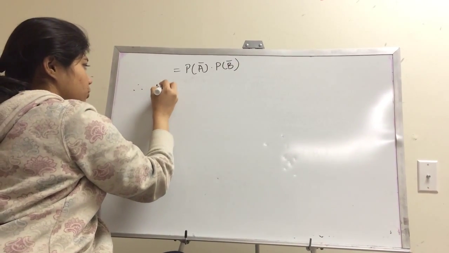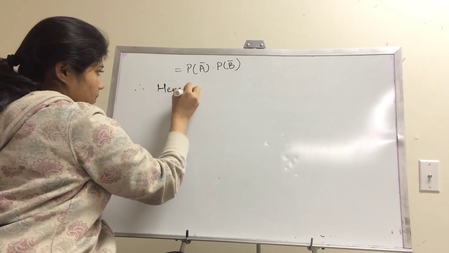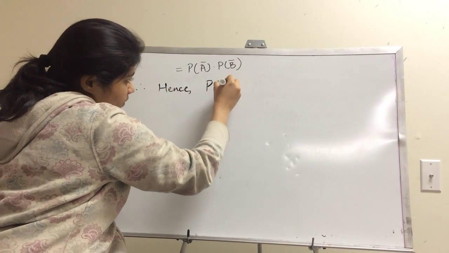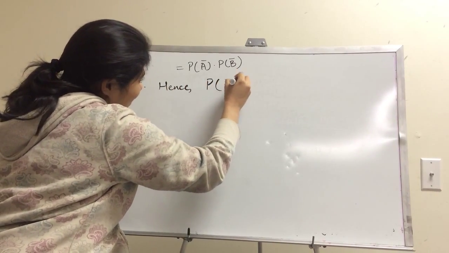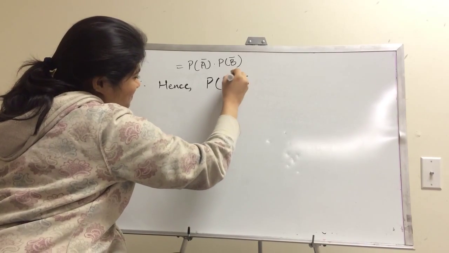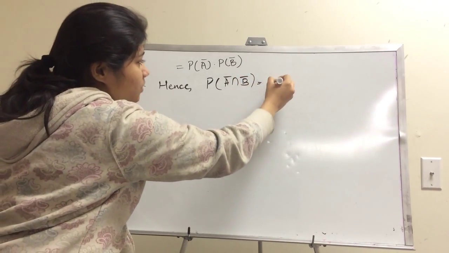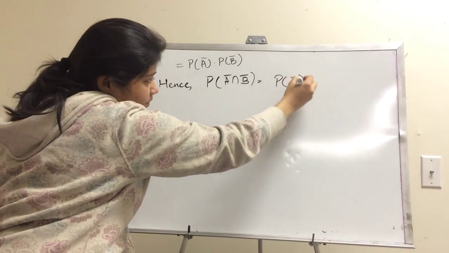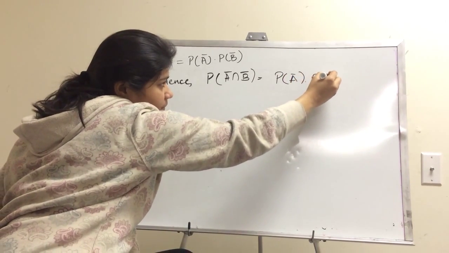Hence, we came to the conclusion that probability of A bar intersection B bar is equal to probability of A bar into probability of B bar.